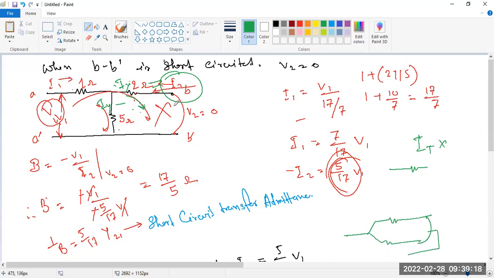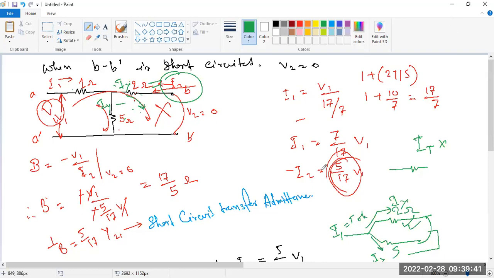This is the 2 ohm, this is the 2 ohm, and this is the 5 ohm. So main current is I1, the total current. One part is Ix and one part is Iy. We have to find out this Ix.